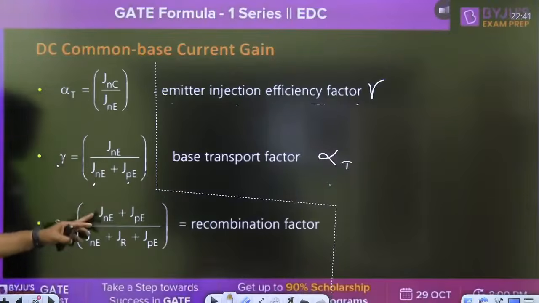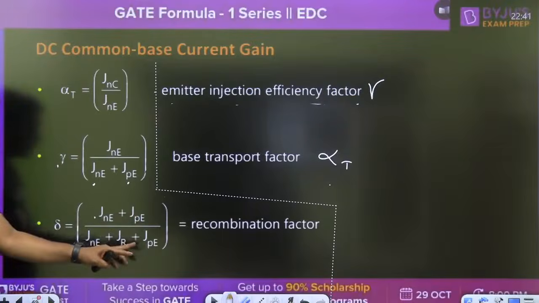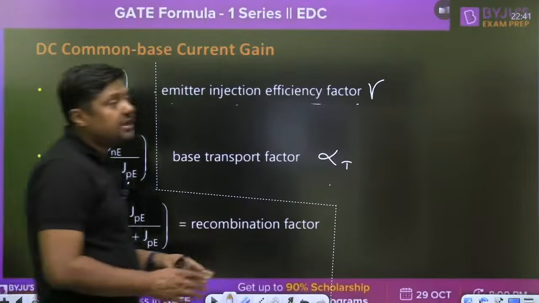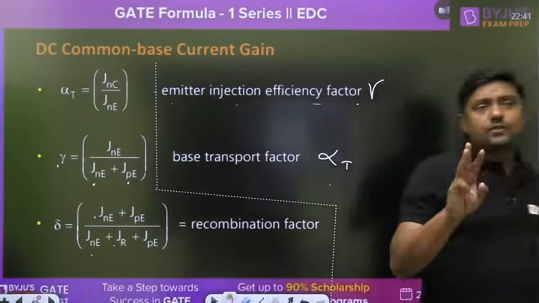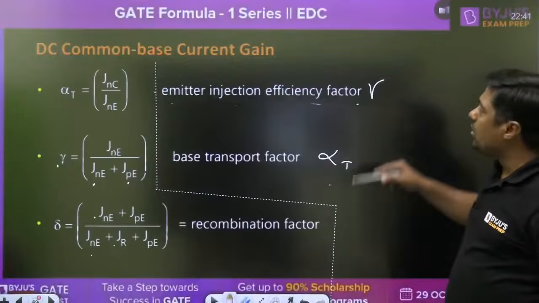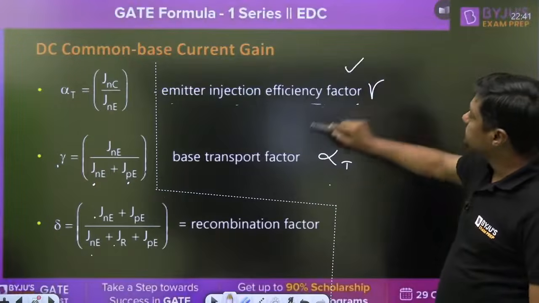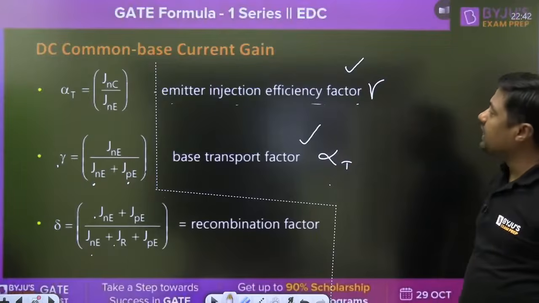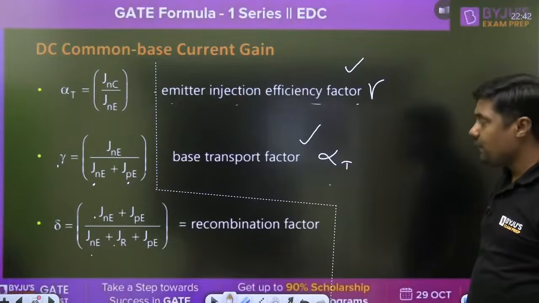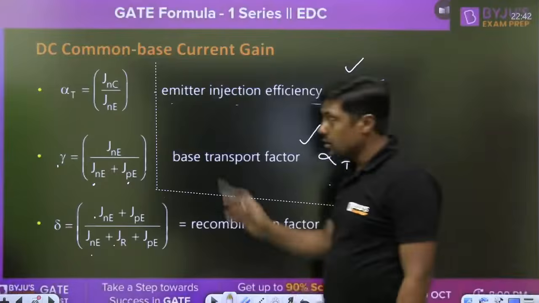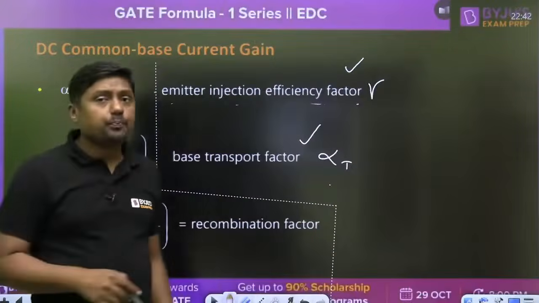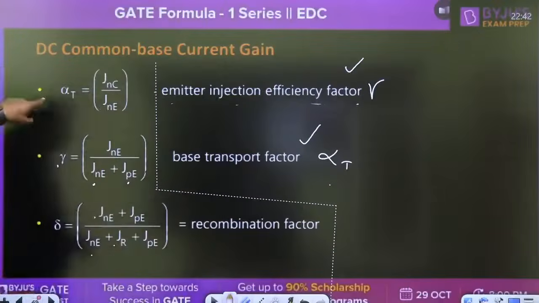The total emitter current density is JNE plus JPE, plus recombination in the emitter base junction. Out of these three formulas, two are very important: base transport factor and emitter injection efficiency factor. Please remember these two formulas. We have to use them to solve some important numericals.